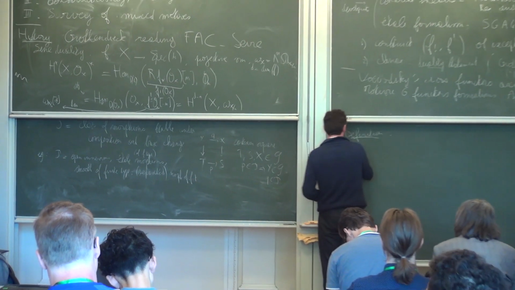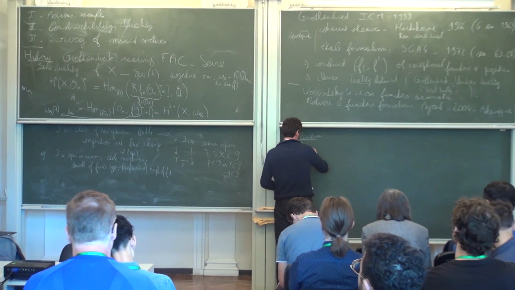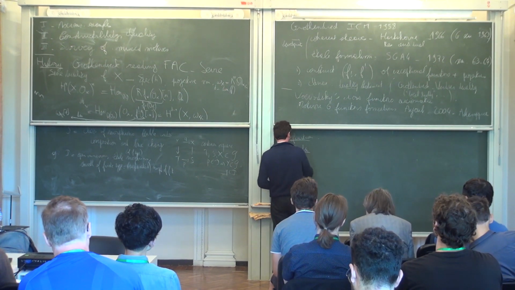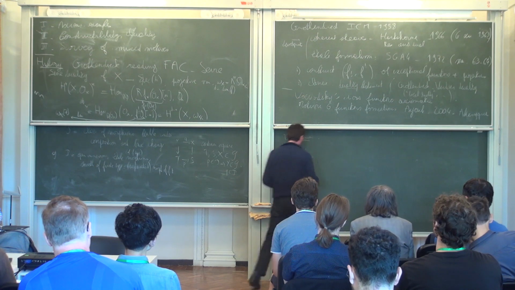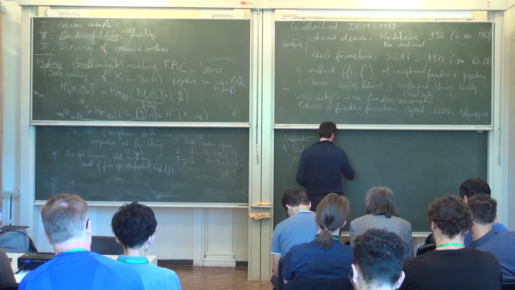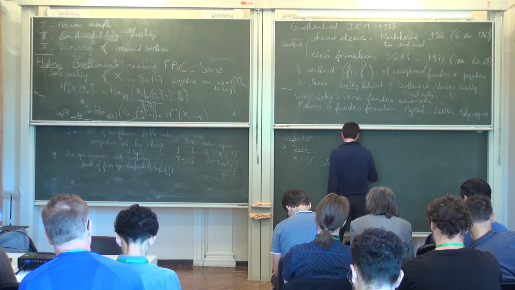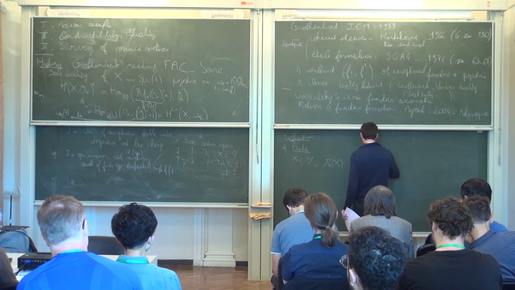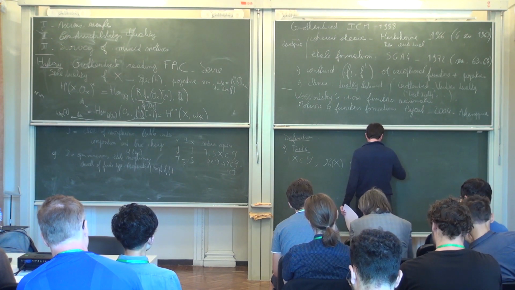First we need data. So this will be, for all base schemes X, we are given M of X, a symmetric monoidal category. All my categories will be symmetric, so I say it one time.